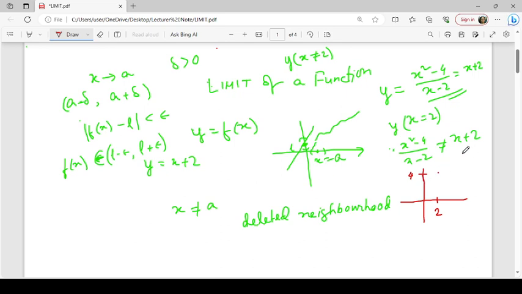If we say this has x plus 2, only for the point x equal to 2 it doesn't exist. But when x is less than 2, then our graph is this.